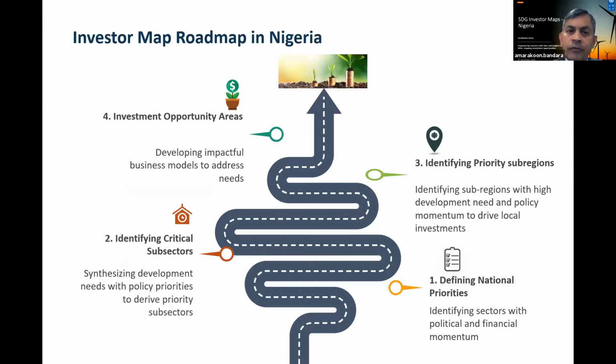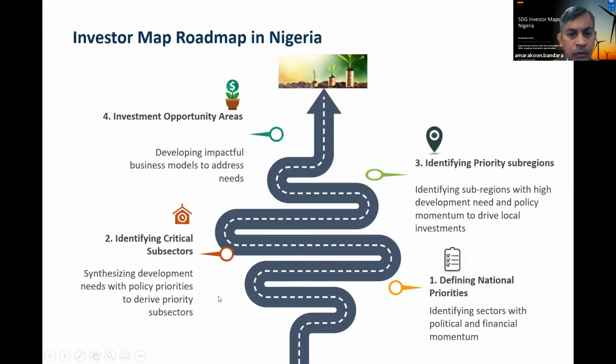Now, in terms of our exercise on investor mapping, we started off defining national priorities, looking at national development policies, development plans, and other policy initiatives to see what the priorities are, what the real investment needs are.